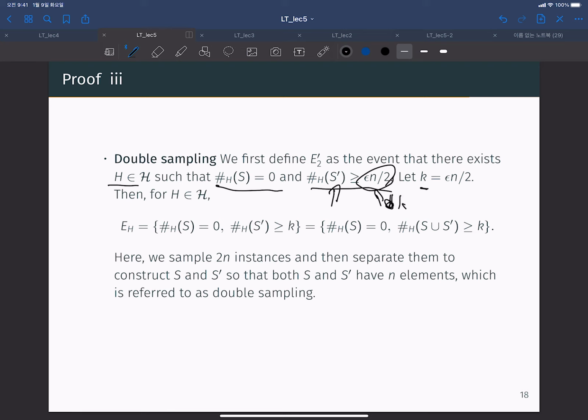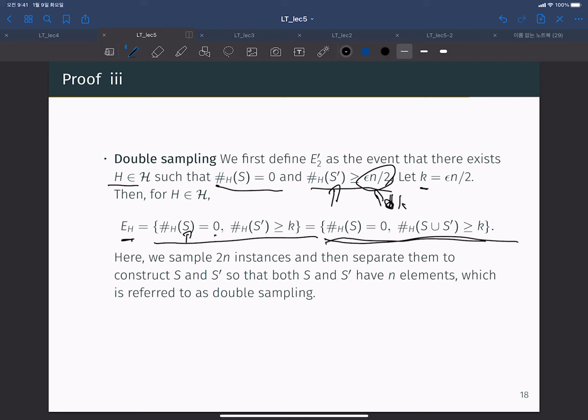And let's define another event, EH. The event EH is this: the number of data points in H from the first n data sample is equal to 0, and the number of data points in H from S prime is greater than or equal to k, which is essentially the same as this event.